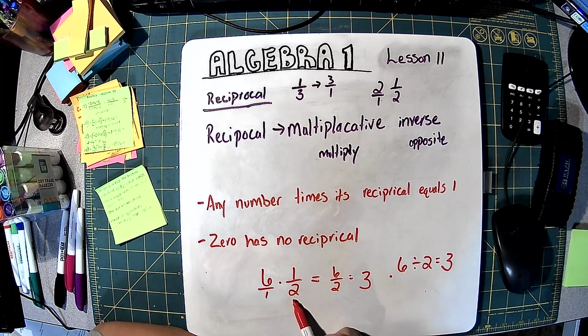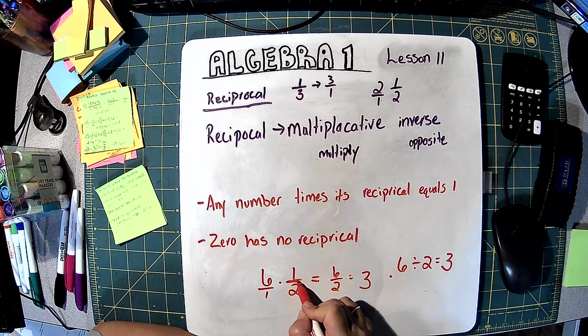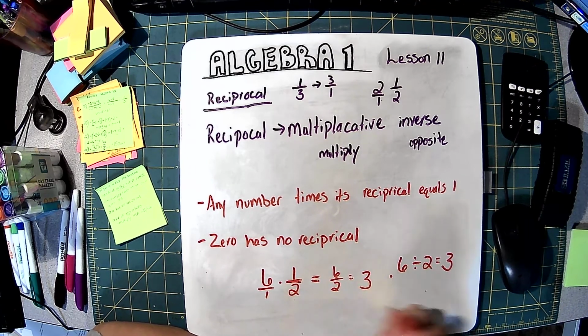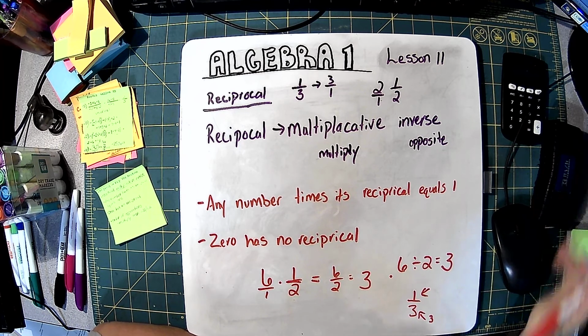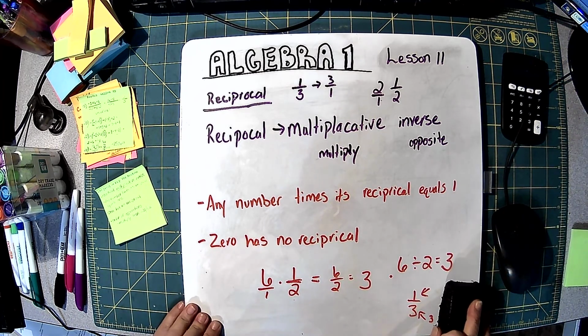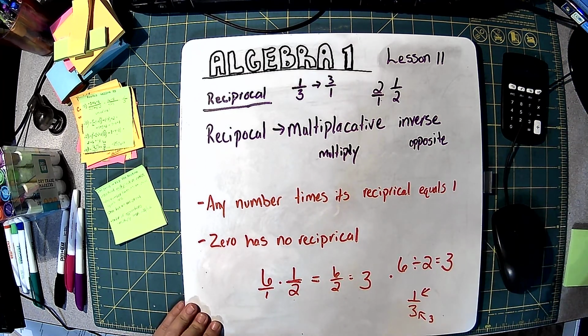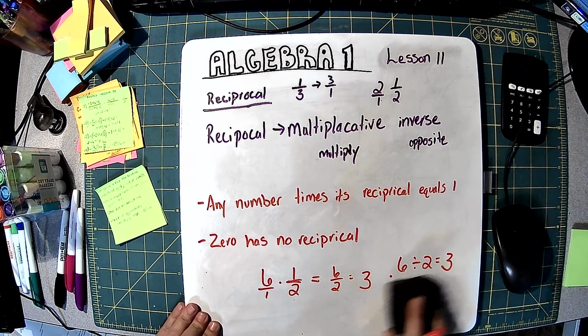So times 1/2 is the same thing as divided by 2. Remember, division and fractions are the same thing. 1/3 means 1 divided by 3. Okay? All right, so how would you get rid of times 3? You divide by 3. So times 1/3.